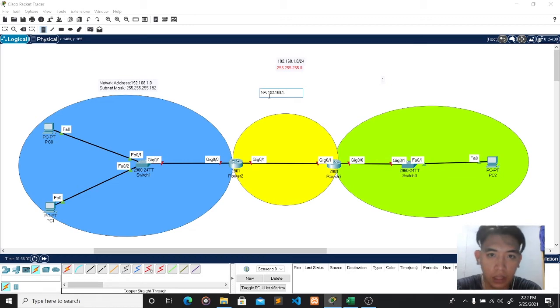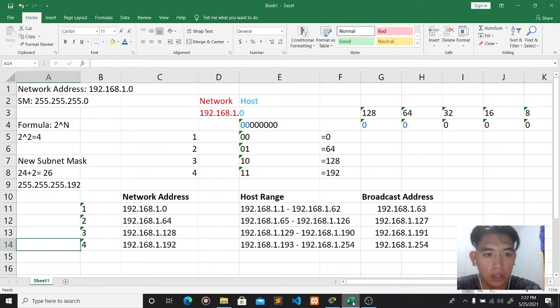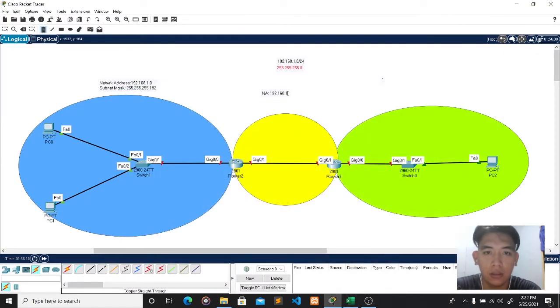192.168.1. Ano yung next na network address? 64. So 192.168.1.64 over 26. At saka dito is 192.168.1.